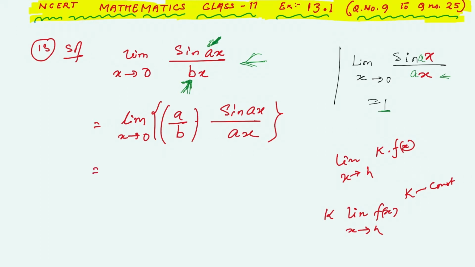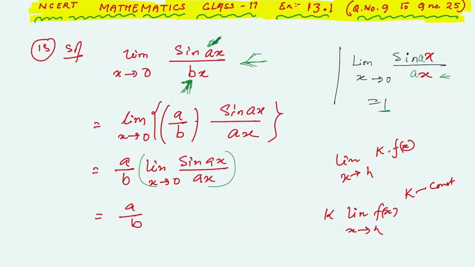So here also we can write this as a by b limit of sin ax by ax when x tends to 0. Now this part becomes equal to 1 according to the standard limit. So the answer is a by b only. Hope you have understood this.